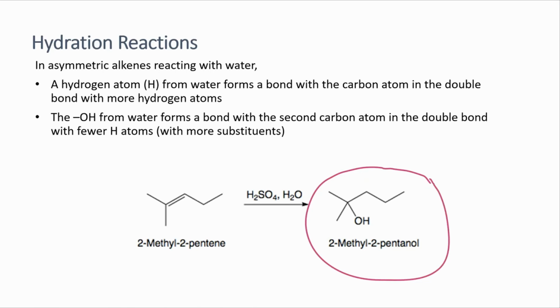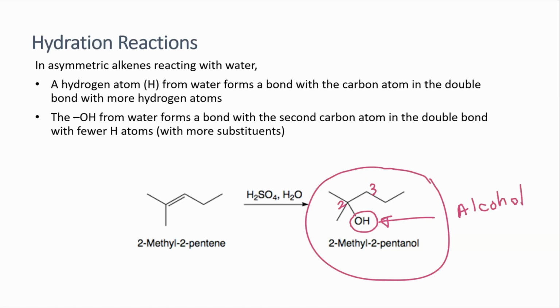The hydroxyl group is on the second carbon, and the hydrogen is already attached to the third carbon, and the carbon-carbon double bond has disappeared as in any other addition reaction. So this is the new product, and this is an alcohol because it contains this hydroxide group.